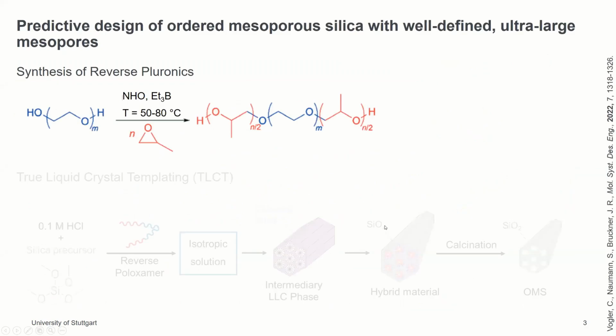The first step which we had to do was to synthesize amphiphilic molecules which we can use as surfactants, which have a higher molar mass. This was done in the group of Dr. Stefan Naumann, who's also a co-author of the paper, of course. He developed a method with which you can produce these reverse type Pluronics with polypropylene oxide units in red, polyethylene oxide units in blue, and then again the polypropylene oxide.